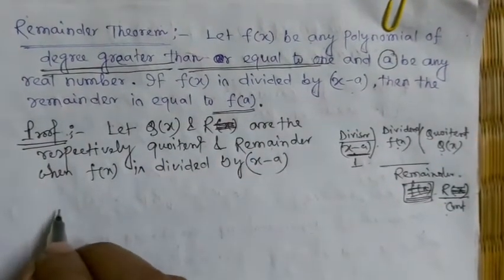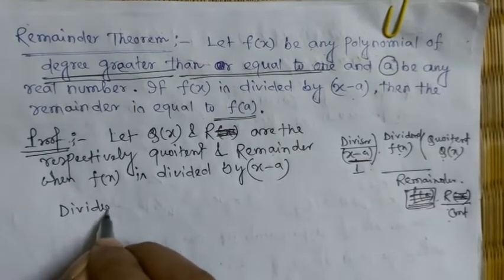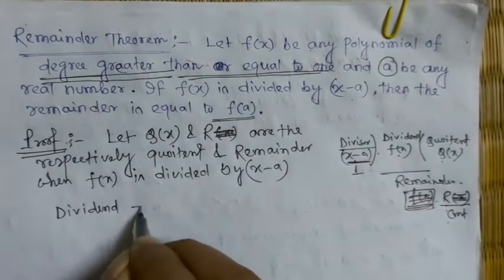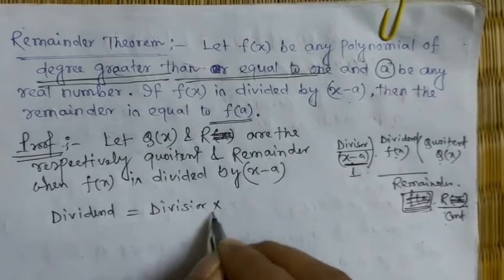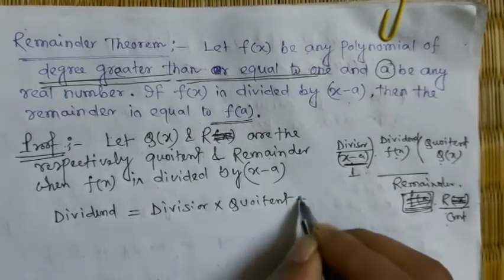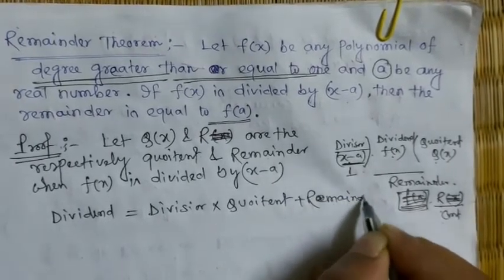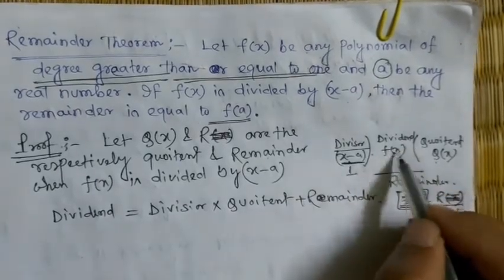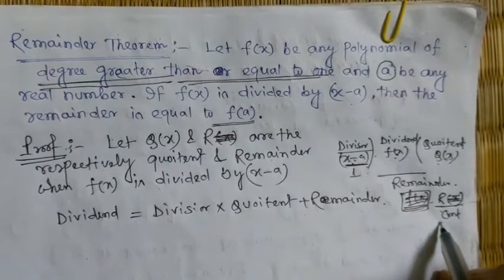So by the division algorithm, we can write dividend equal to divisor into quotient plus remainder. This is equal to these two multiplied, added with the remainder.